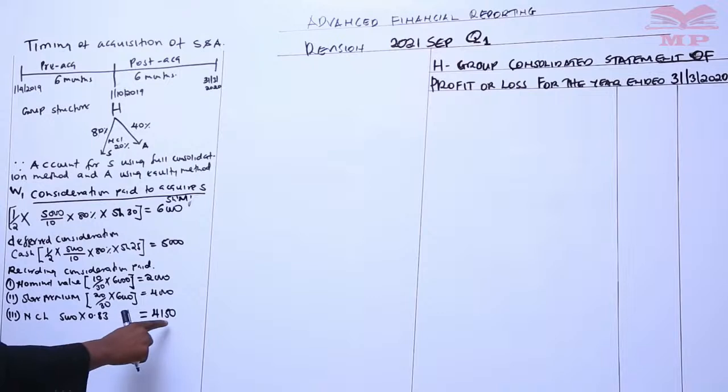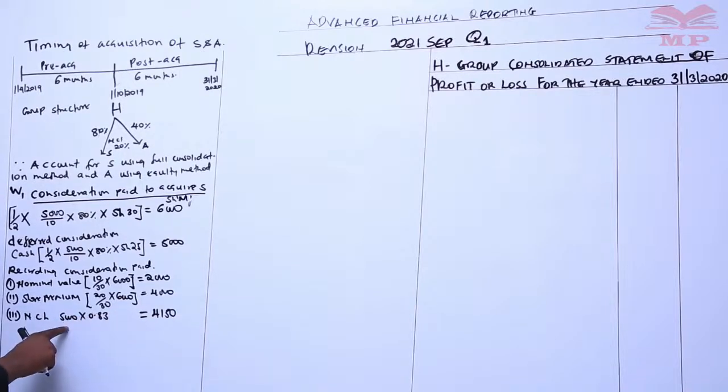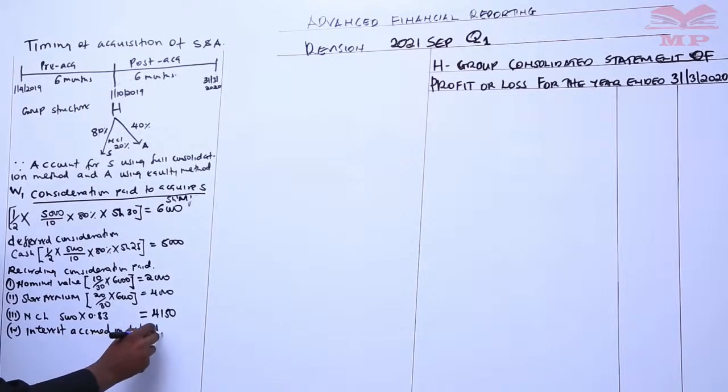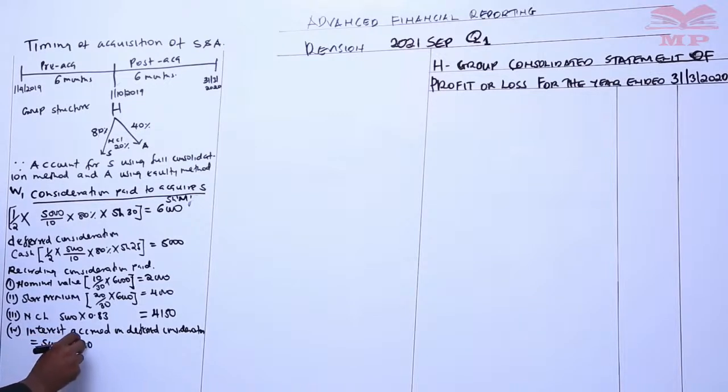That means that the difference between 4150 and 5 billion is interest. And you can see there the cost of capital, which is 10%. So that is the same as interest. So interest on deferred consideration is accrued. So interest accrued on deferred consideration is equal to 5 minus 4150.